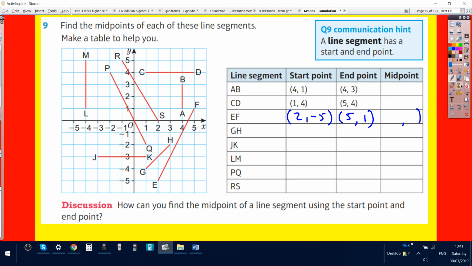So the way you do these is you add the x's and half the answer, add the y's and half the answer. Okay, so the midpoint of x would be 3.5. Yeah. And then the midpoint of y would it be minus 2? Yeah, minus 2. That's it.